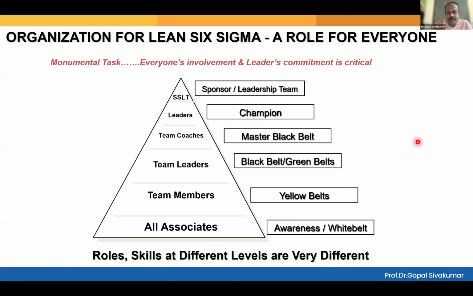So for the top management, the KPIs are known as strategic KPIs. For the middle management, the KPIs are known as tactical KPIs. All right. And for the downline managers, the KPIs are known as operational KPIs, which means there are 3 levels of goals: strategic goals, tactical goals, operational goals.